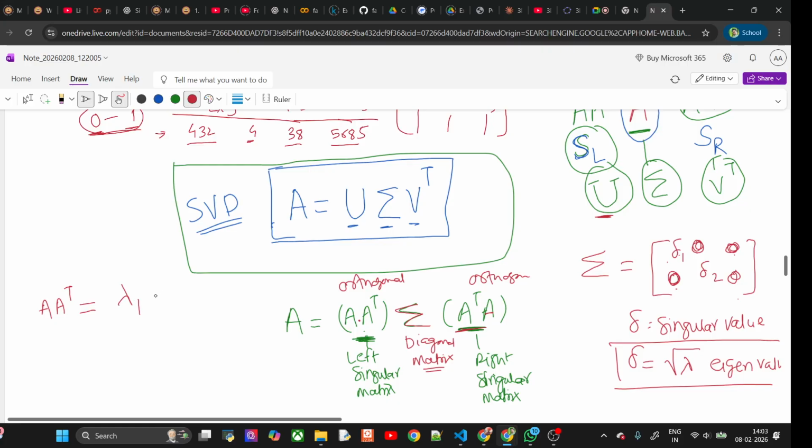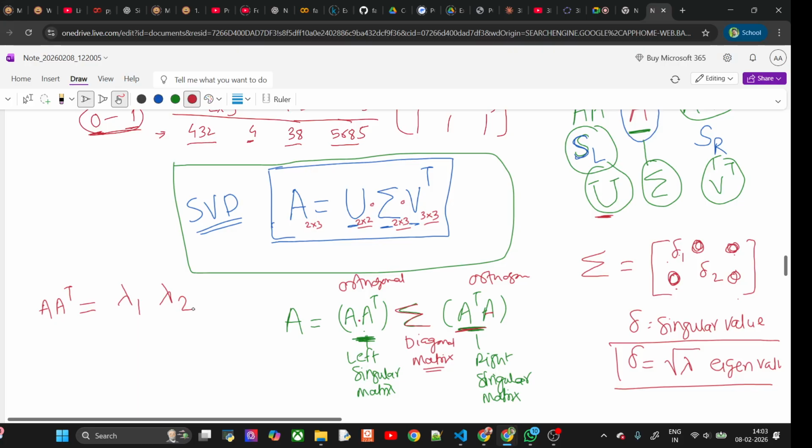For example, if A is 2 cross 3, then A A transpose is 2 cross 2 and A transpose A is 3 cross 3, those are their dimensions. For here I will get, for example, lambda 1 and lambda 2 as eigenvalues.